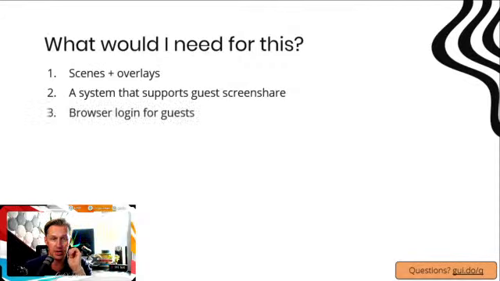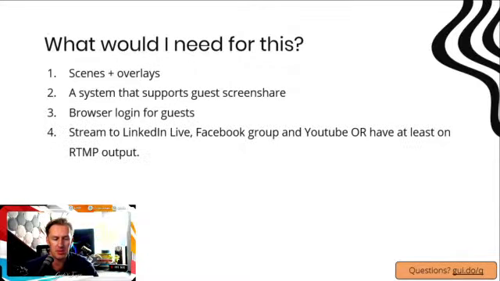I want a browser login for guests, so it's easy for them to log in, not using any tools they maybe don't have, and stream to LinkedIn Live, Facebook group, and YouTube. Or again, have at least an RTMP output, so you can use this to stream to Restream and take it from there.